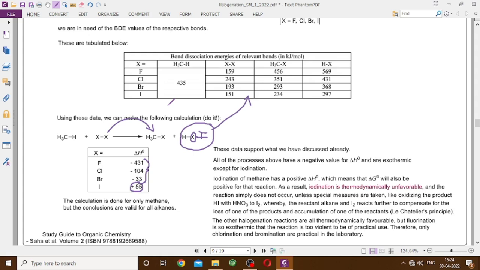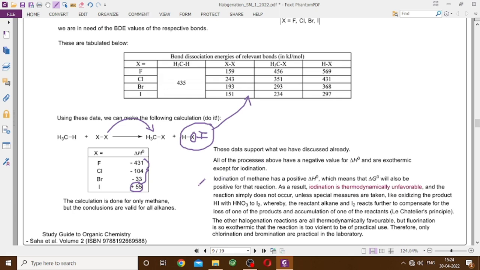But if you just establish the equilibrium, then this methane plus iodine concentration will be greater than the methyl iodide plus HI concentration, and that is why iodination reaction is not a very useful choice, because thermodynamics is against it.